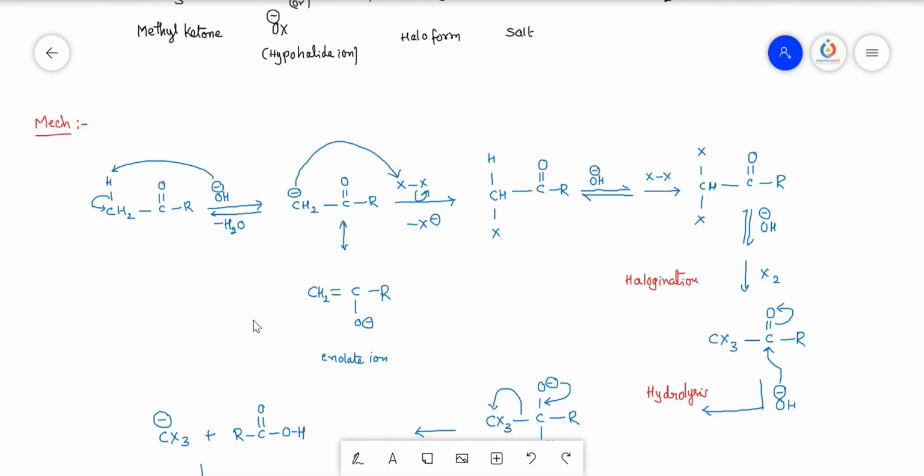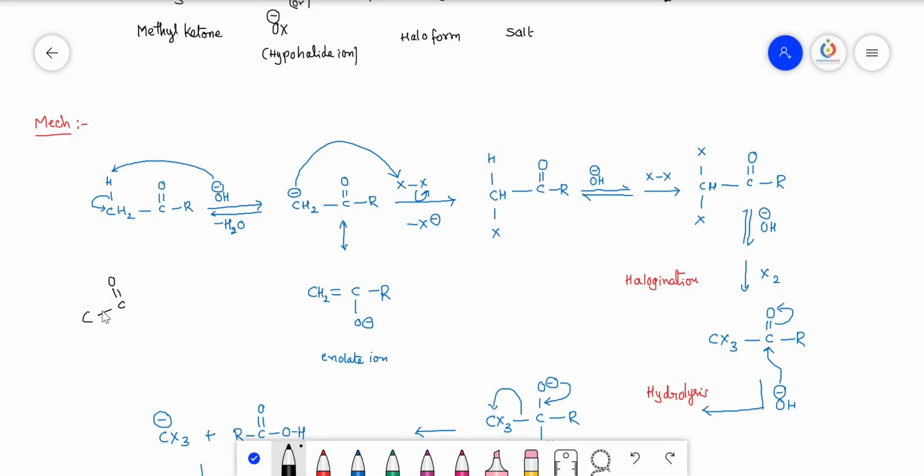What is the reason for this OH minus ion to abstract the proton from the carbon? Let us see one important thing. Whenever a carbon atom is connected to an electron withdrawing group, the electron withdrawing group withdraws the electrons from the carbon, so carbon gets a partial positive charge.